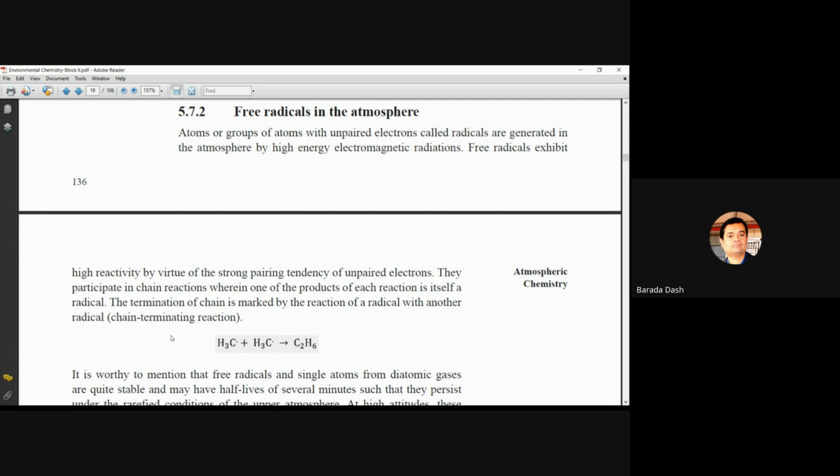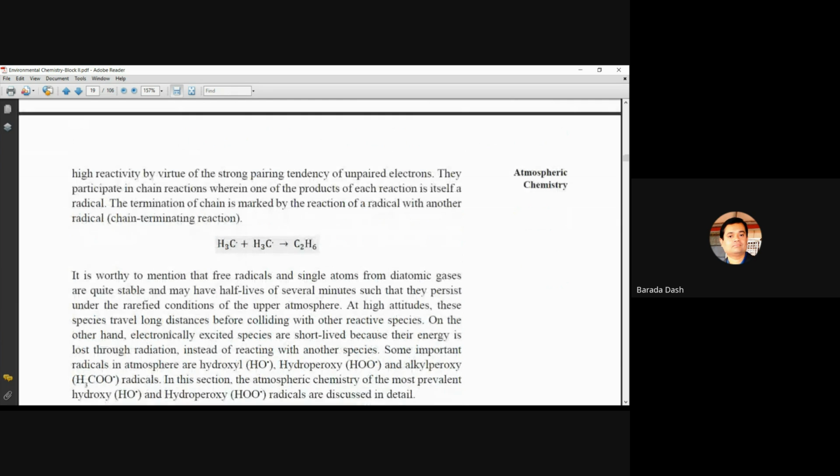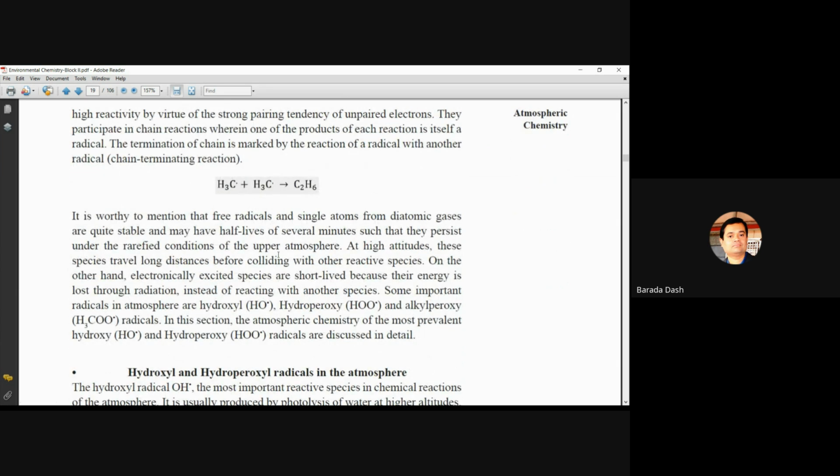They participate in chain reactions wherein one of the products of each reaction is itself a radical. The termination of the chain is marked by the reaction of a radical with another radical. So how does this occur? You see CH3 dot and CH3 dot, two radicals. They react with each other to produce ethane. So two methyl radicals produce ethane.